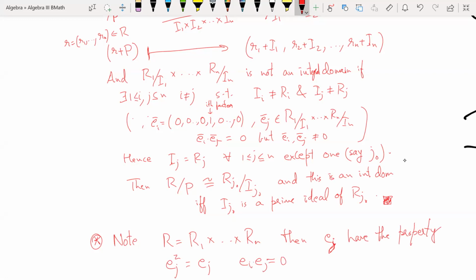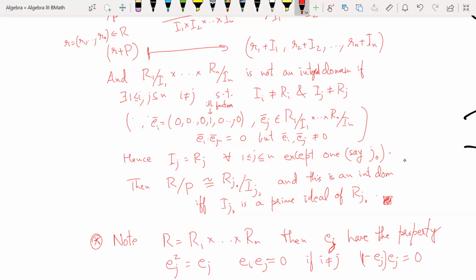if i is not equal to j. The product of these two idempotents, in fact 1 minus Ej times Ej, is also 0. Because 1 is the one element of this ring R. So 1 minus Ej times Ej is also 0.